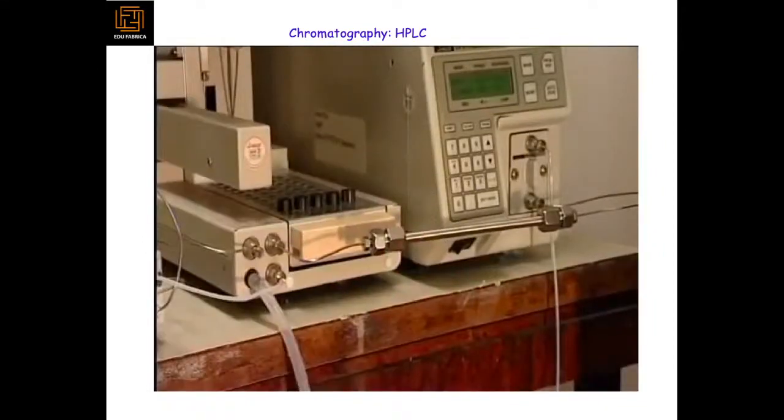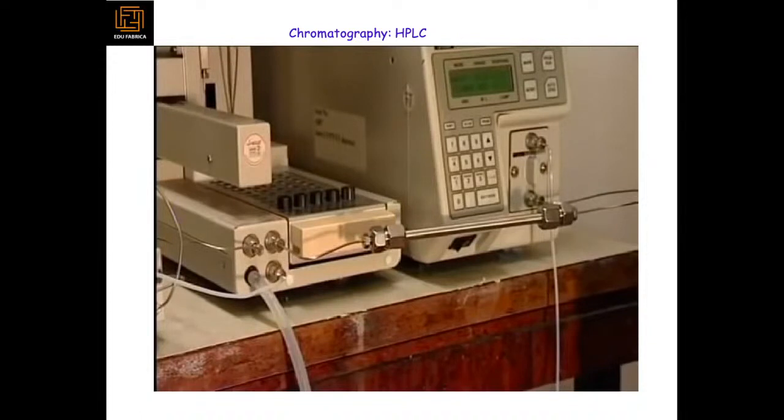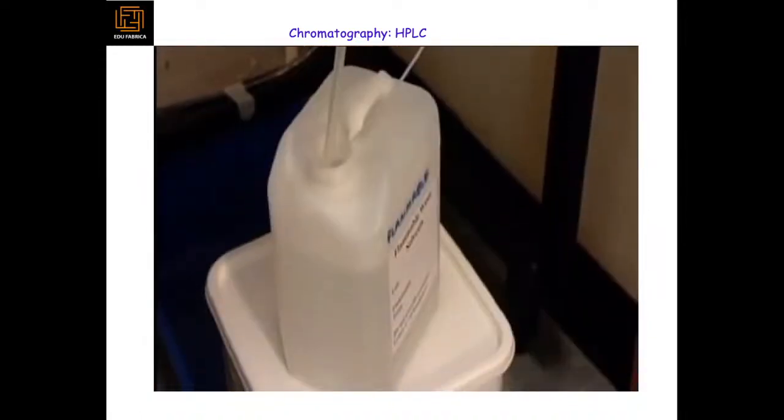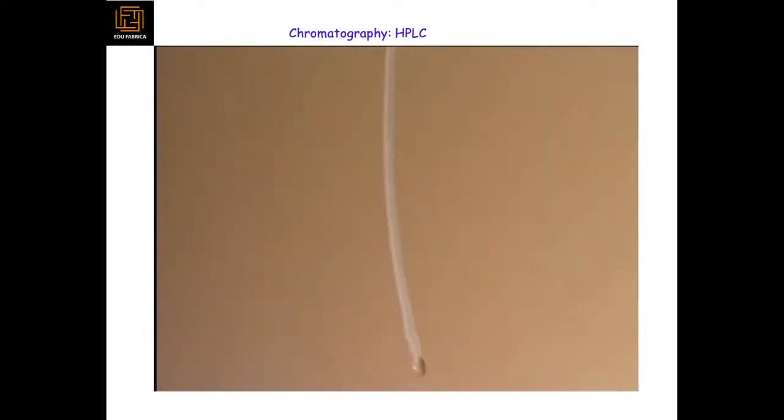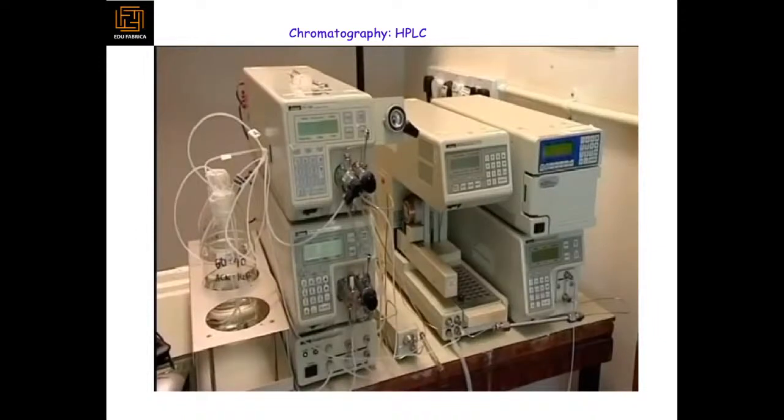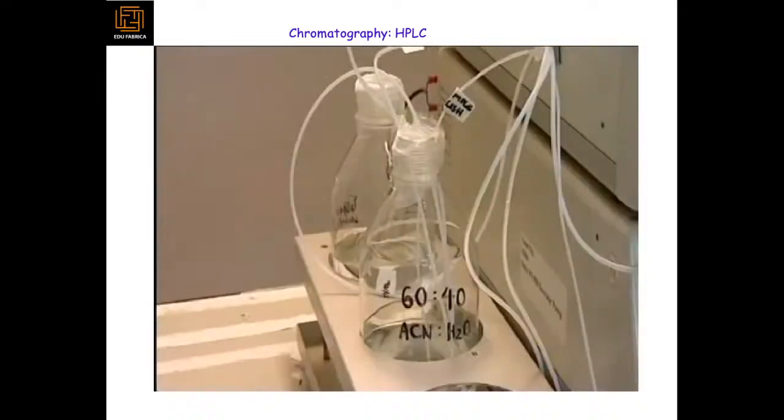In paper chromatography, the solvent moves along the paper by capillary action. In HPLC, the liquid is forced through the column by high-pressure pumps. The whole apparatus looks like this. These bottles contain solvents.